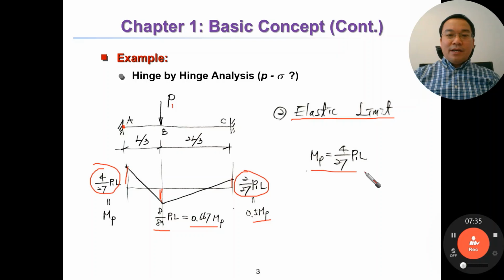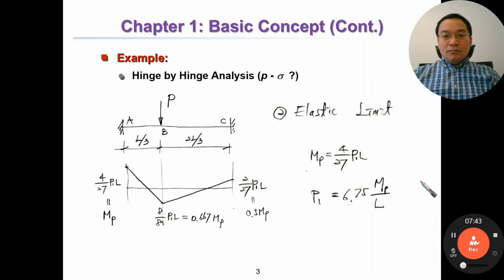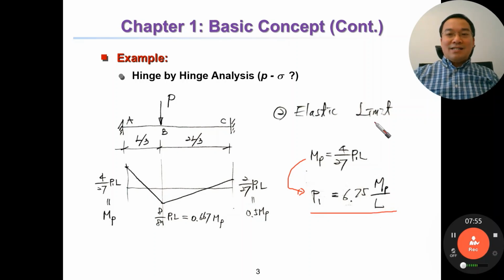Again, MP equals 4/27 P1 L. And from here we have P1 equal to 6.75 MP over L. Okay, this is the elastic limit load.